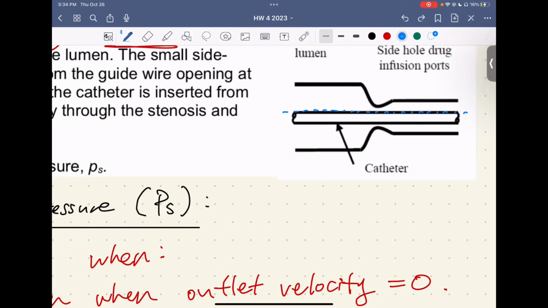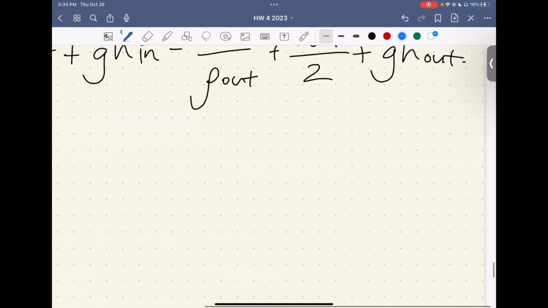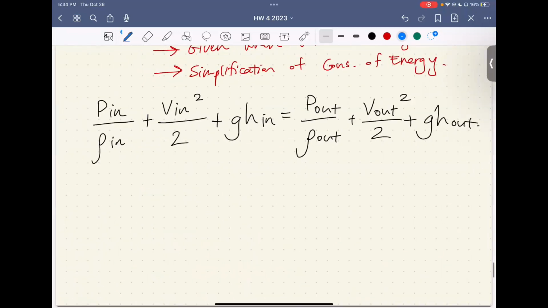We want to go through the stenosis right over here. So we're examining this streamline, meaning that we have a horizontal streamline, so the H components will be equal and therefore cancel on each side, right? So we can, assuming a horizontal streamline.